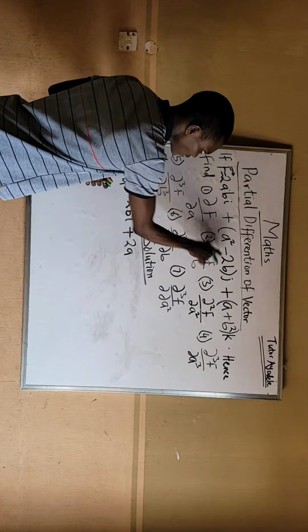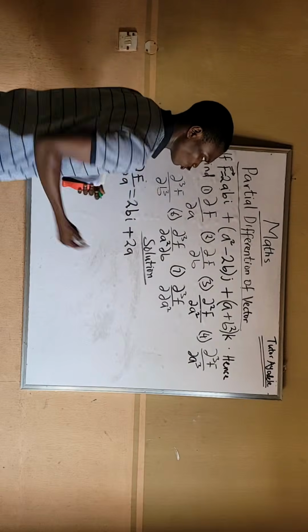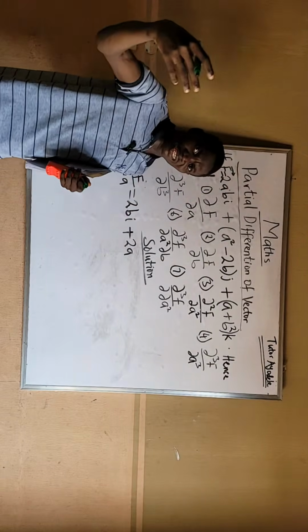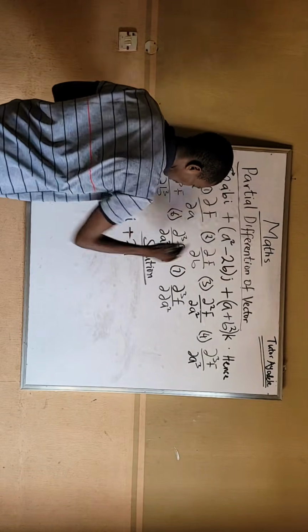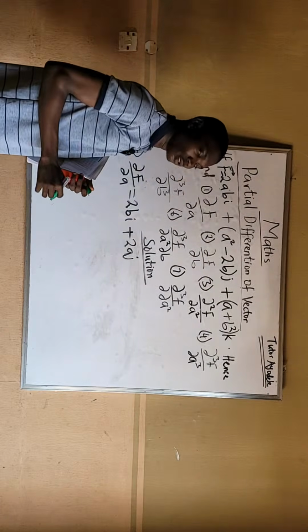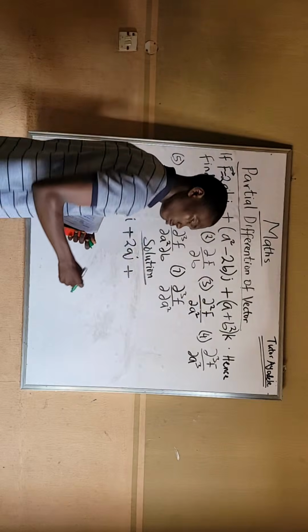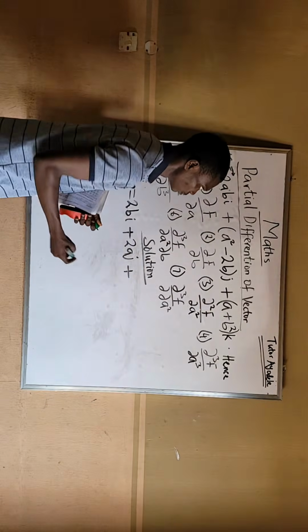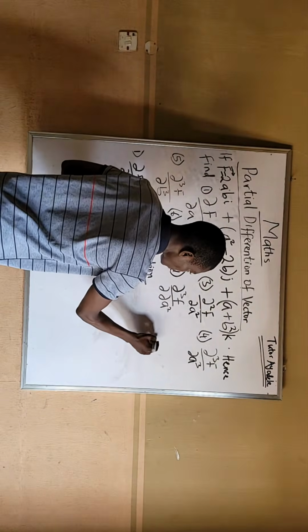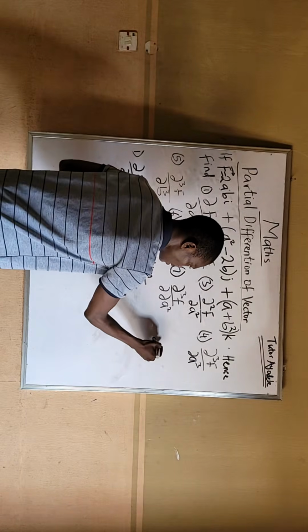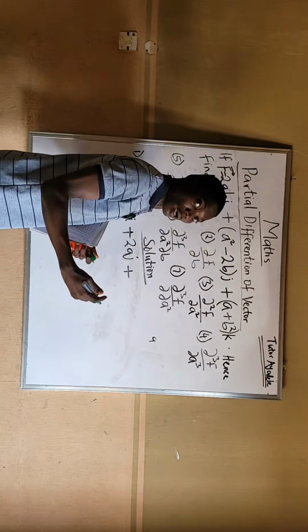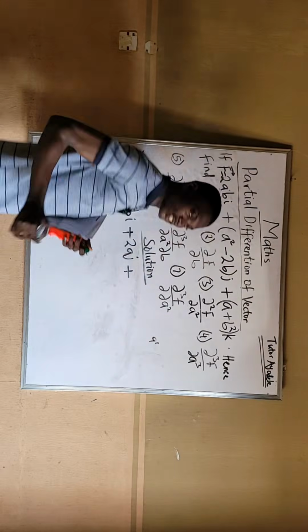But if I differentiate this, it will automatically give us 0 because there's no a. So let's just put our j at the back. Plus, if I differentiate a, what would it give us? That would be 1. This a has a visible power of 1.